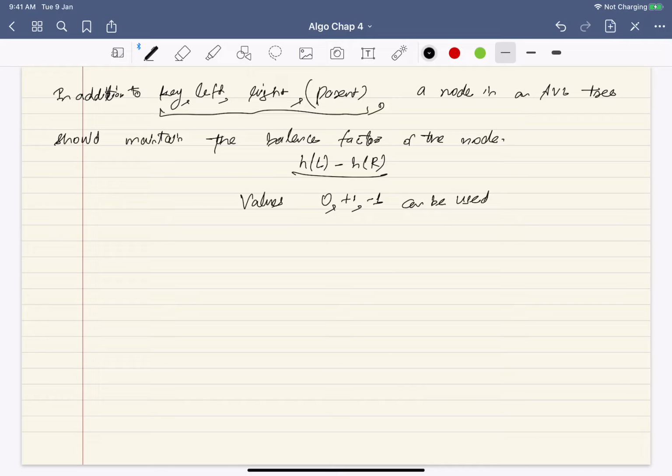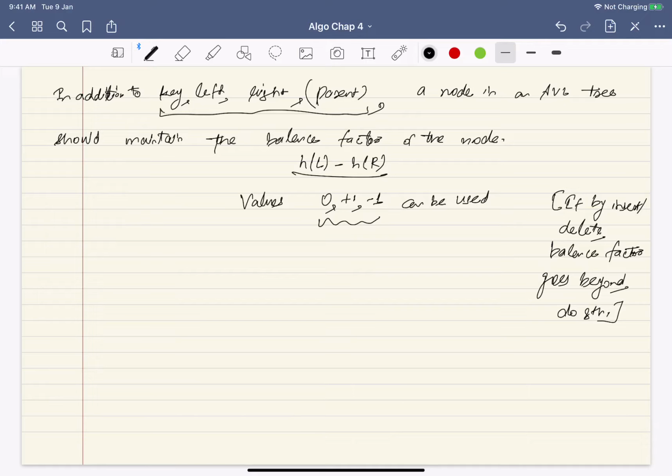That means I don't have to store the individual heights of the left and right subtrees. I can just maintain this value 0, plus 1, or minus 1, and if by insert or delete the balance factor goes beyond this, I need to do something. So no need to store the individual heights.